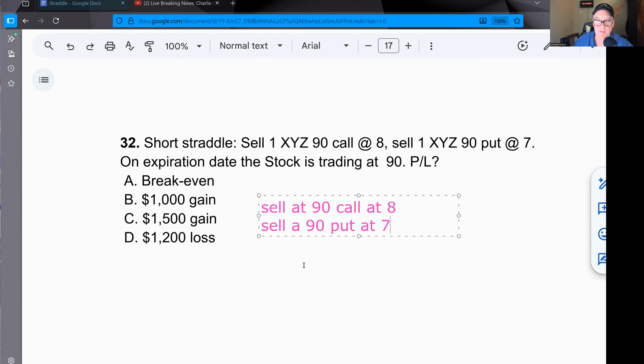So I brought in 15. So the break even is 105 and 75. Good.